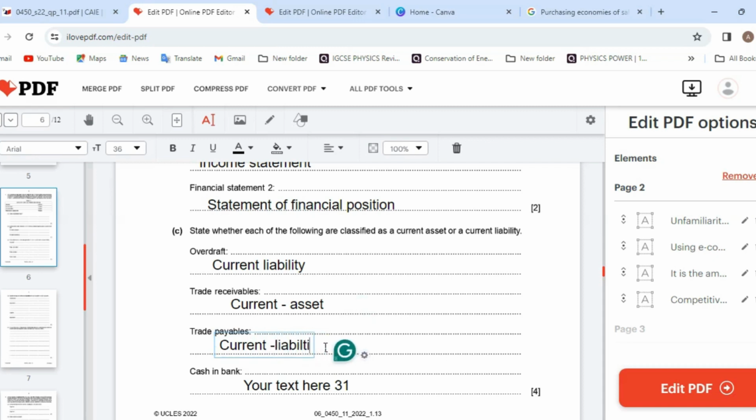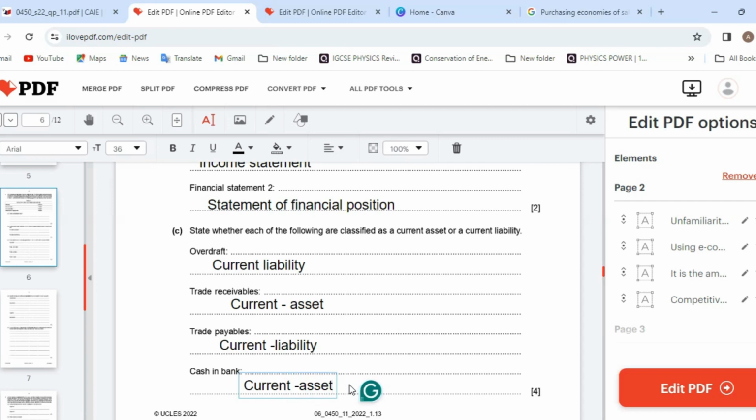And the cash in bank is, of course, current asset. I think we are missing something here. Your cash in bank, as I said, is current asset. That's it. We've classified them.